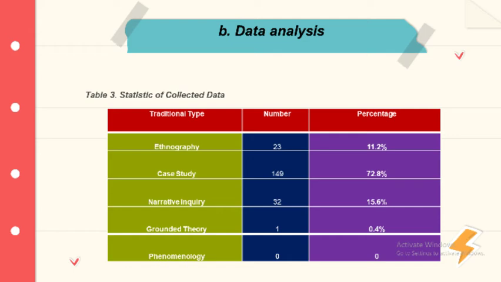For the figures like ethnography, case study, and narrative inquiry, you can see my paper to know the graphic, which one has the highest increase and which one does not.